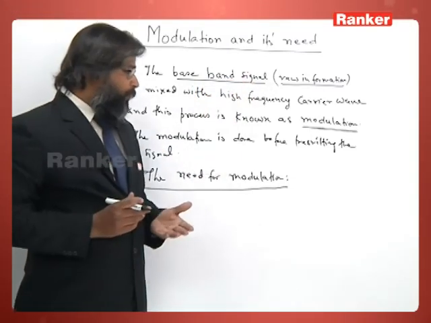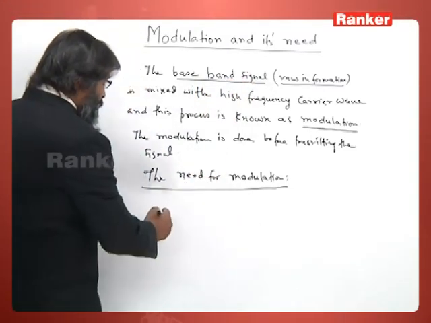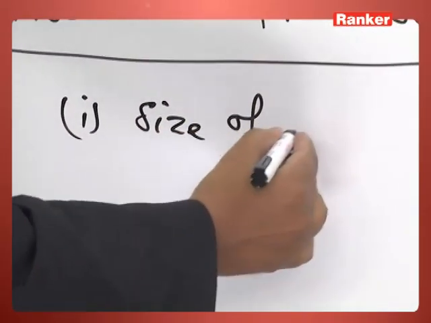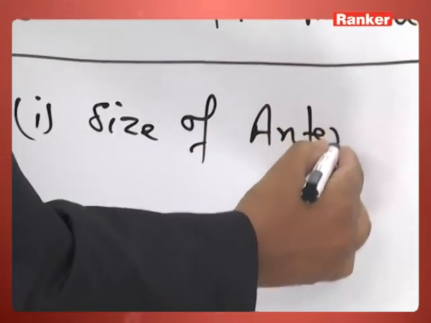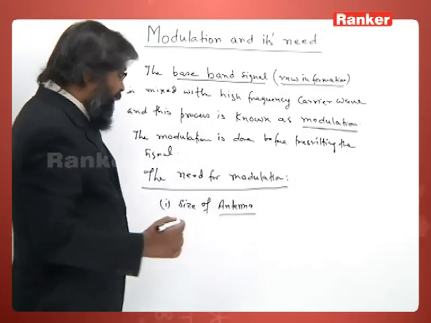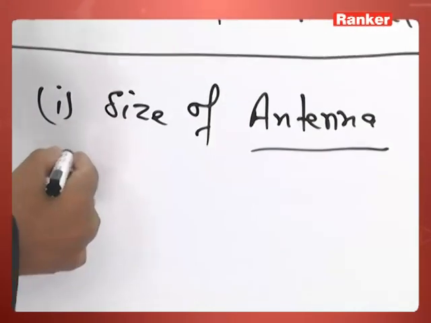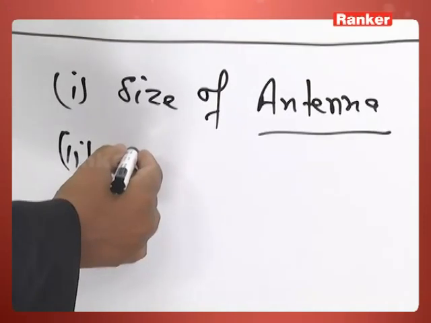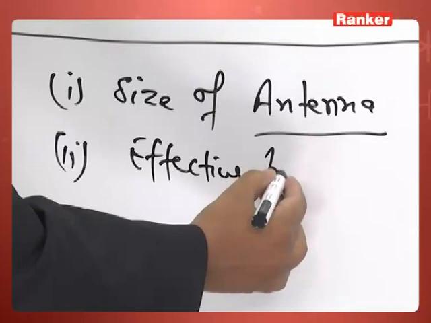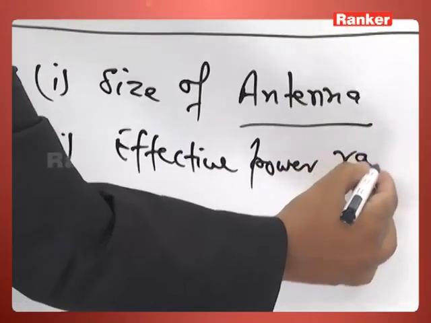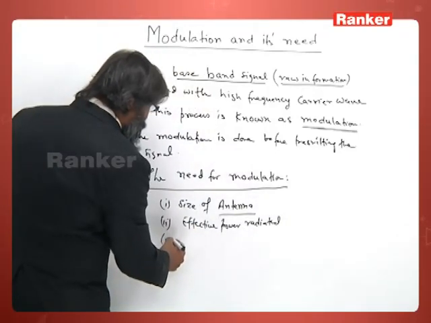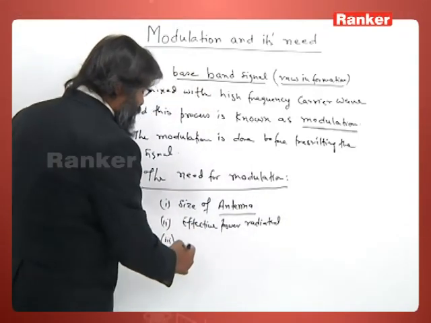There are 3 points: one is the size of antenna, second is the effective power radiated, and the third is interference.